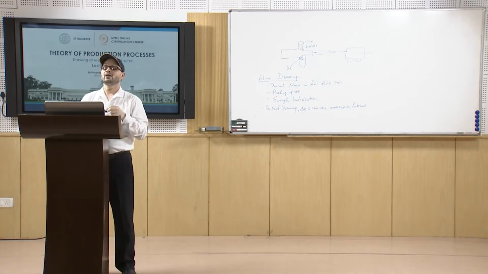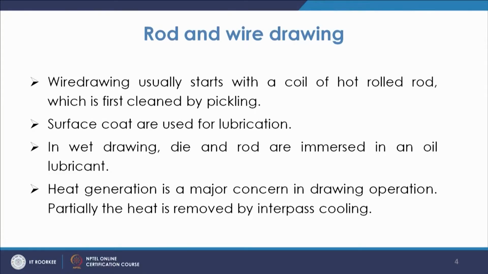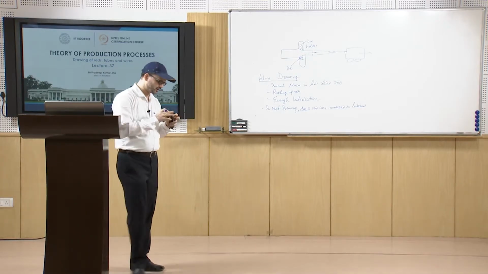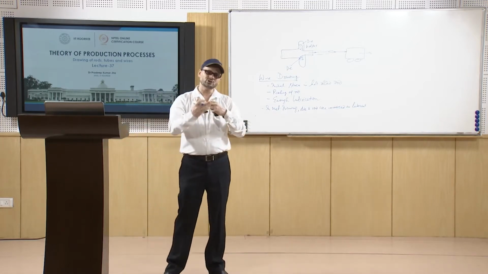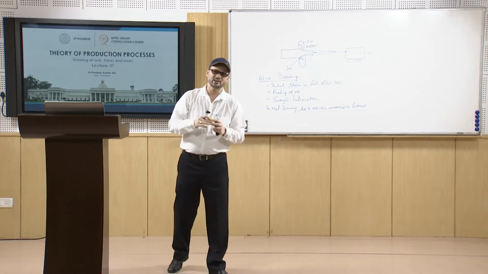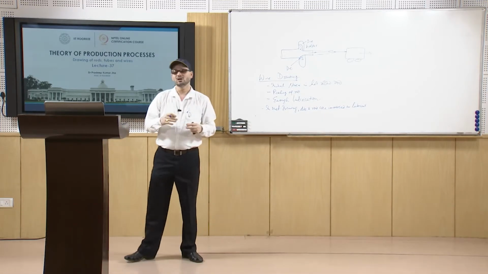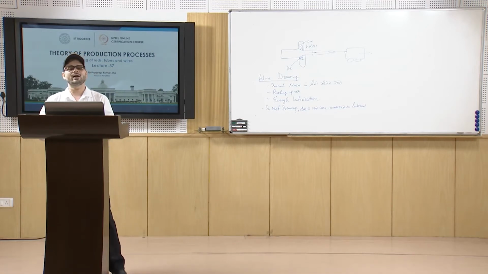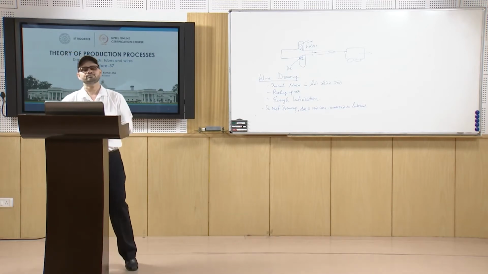Heat generation is a challenge, and some part of the heat is removed during the interpass annealing, but mostly the temperature becomes quite high. So, you will have to see that the temperature must not reach a high value in the case of wire drawing typically.